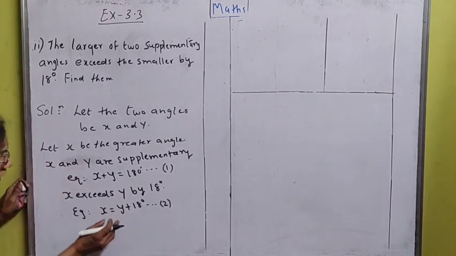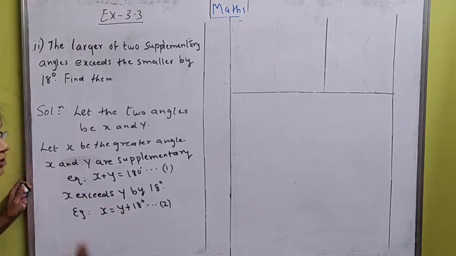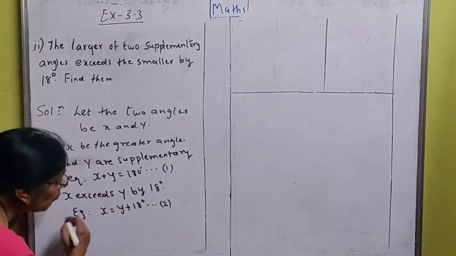Now in the second equation, we know that the two variables should be on the left hand side. Let us bring y to the left hand side.